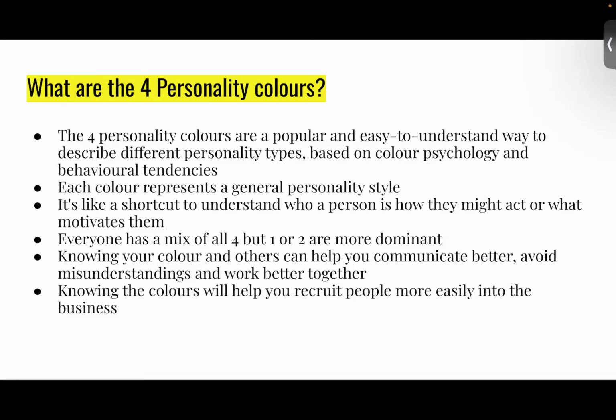We have all 4. We do a little bit of everything and act with all colors, but 1 or 2 will show more than the others. Does that make sense? Once we get into the colors, it's going to make more sense on what that means and how you can tell if they're more dominant. But we all have all 4, and 1 or 2 of them are more dominant.